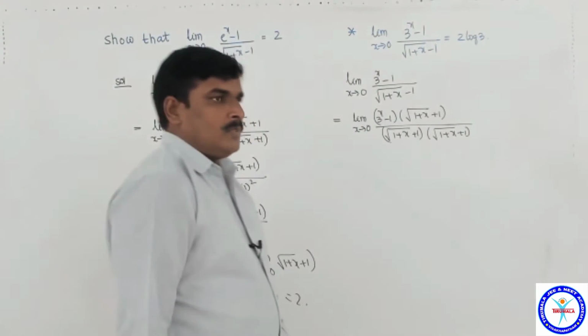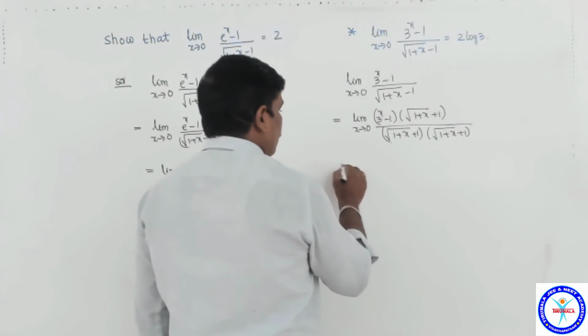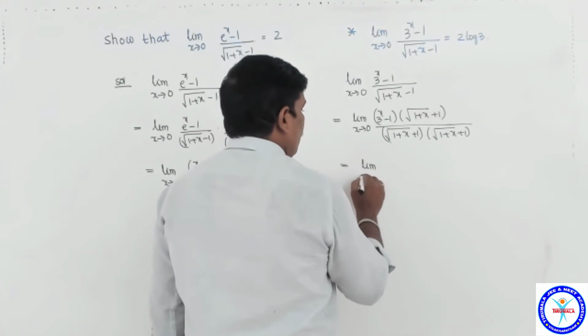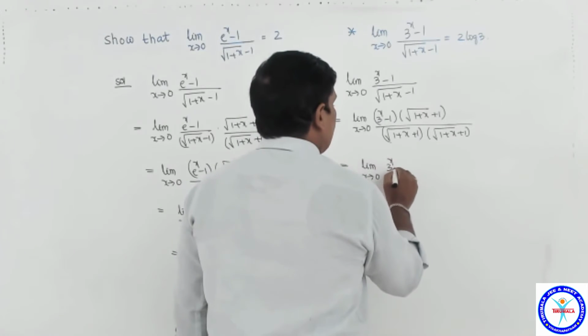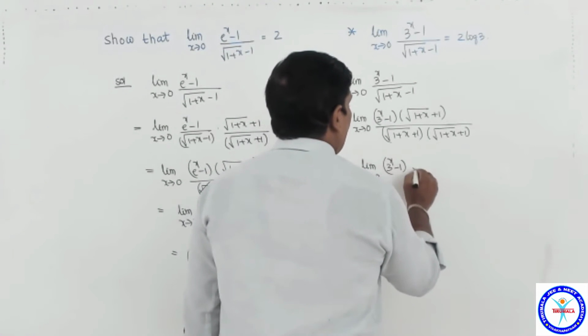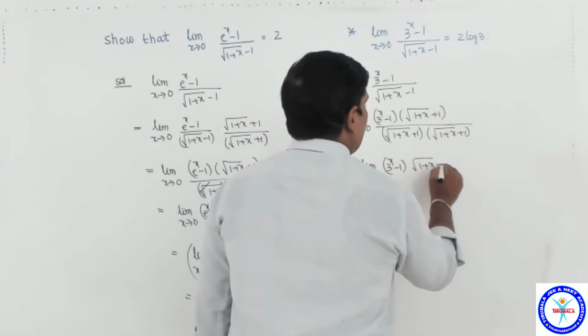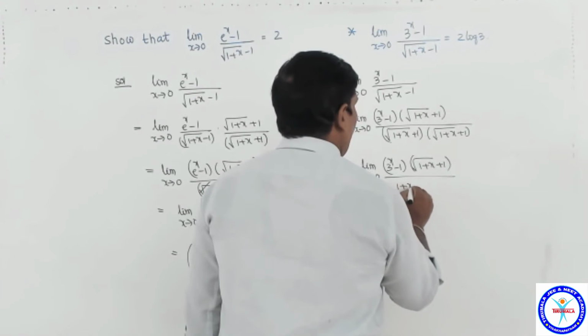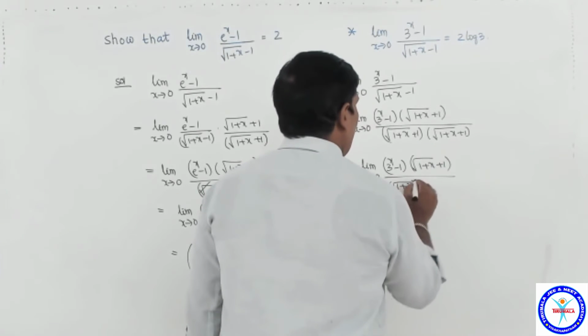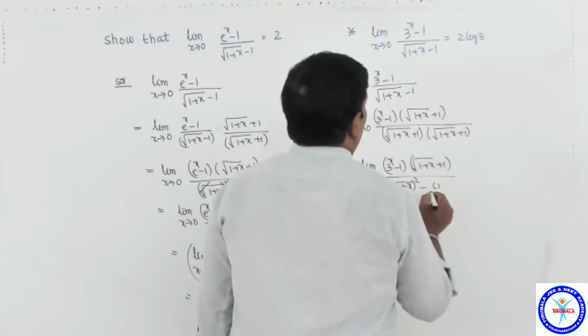Now this is equal to limit x tends to 0, 3 power x minus 1 into root over 1 plus x plus 1 divided by root over 1 plus x whole square minus 1 square.